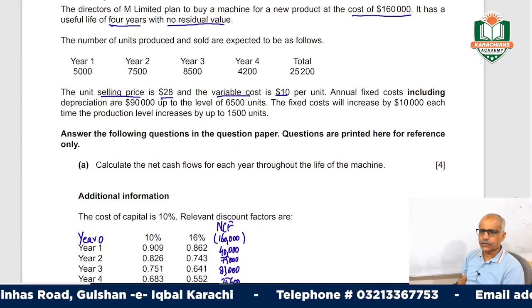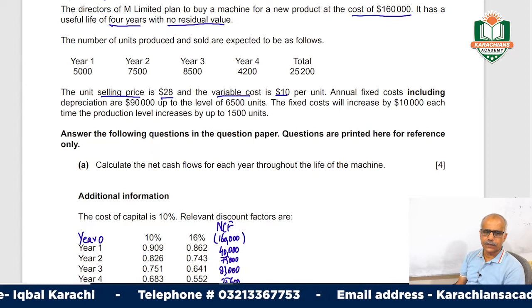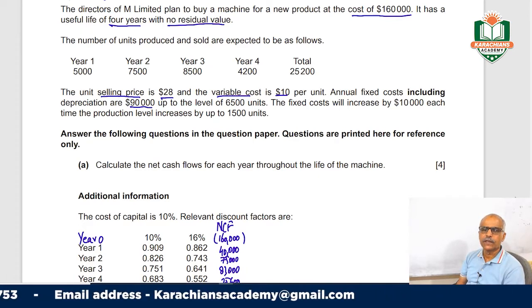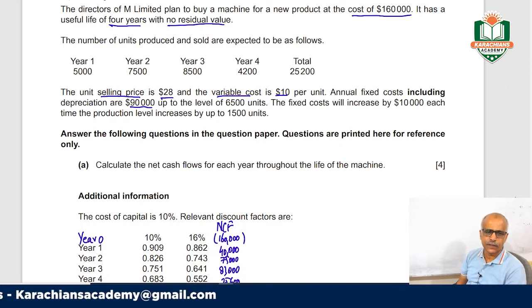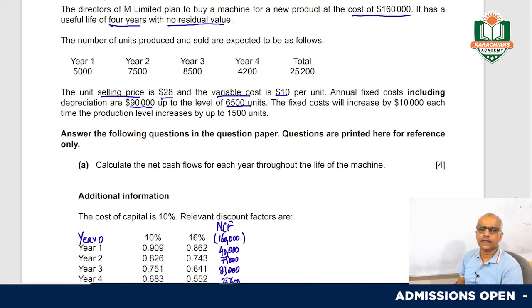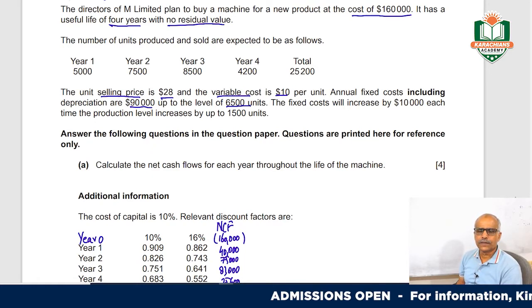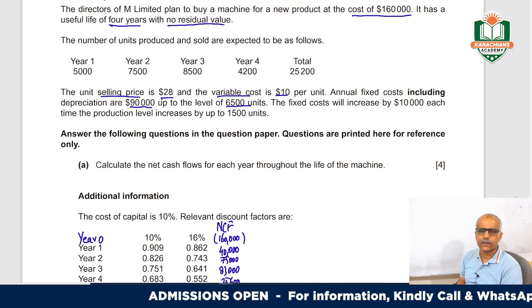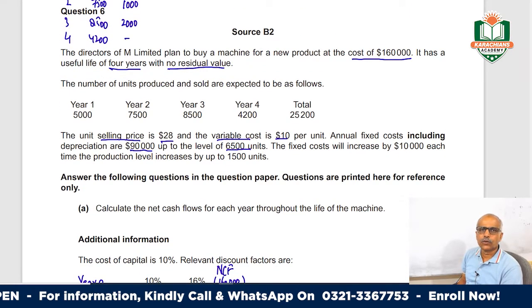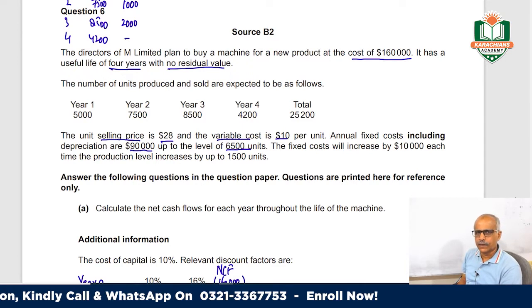Annual fixed costs including depreciation. The annual fixed cost is 90,000 and it has the depreciation in it. So we will exclude depreciation. They are saying up to the level of 6,500 units, if you are producing up to 6,500 units, your fixed cost will be 90,000.